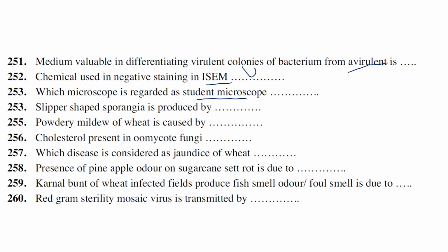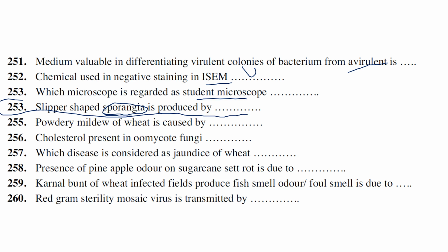So slipper shaped sporangia, might we have studied this, slipper shaped conidia and all those things, right? It is supposed to be not sporangia, it is supposed to be slipper shaped conidia, I think, probably, which various kinds of pathogens produce. So just keep this question away from it.